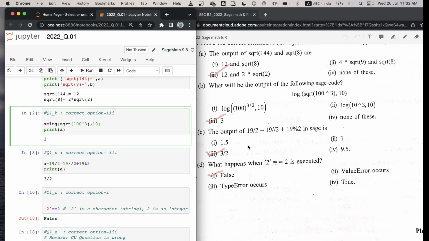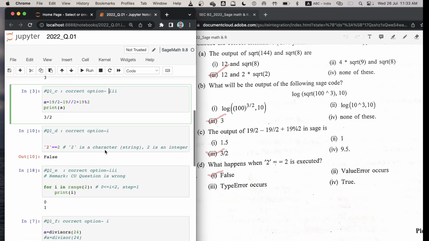Next question 1C. Output of 19 by 2 minus 19 double slash 2 plus 19 modulo division 2 in Sage code is, correct option is 3. Answer is 3 by 2. A equals this 19 by 2 minus 19 double slash 2.